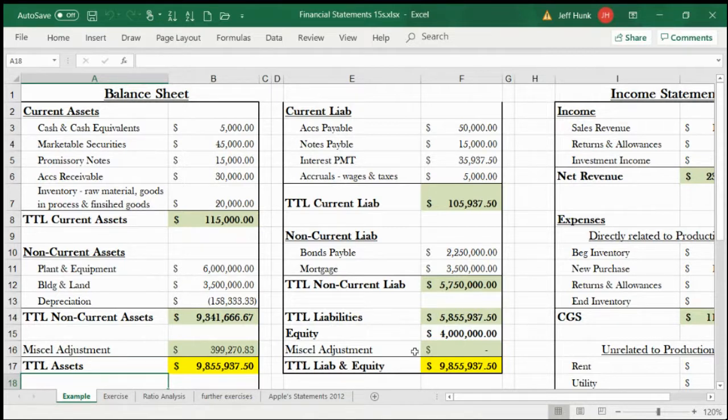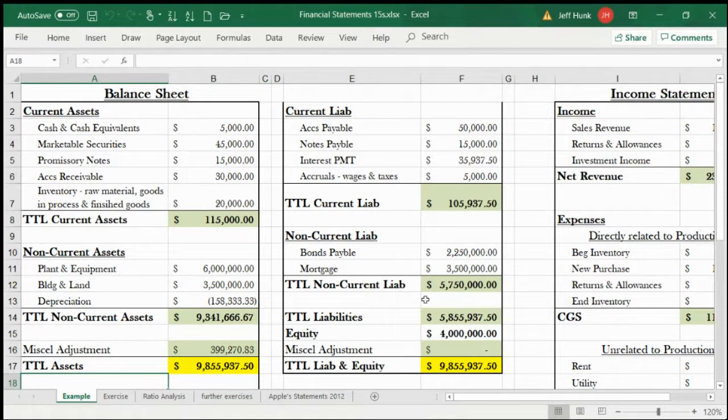So in this example, out of this 9.85 million, $4 million came from the shareholders, right? And the rest, 5.75 million, came from the long-term debt holders or creditors or bond holders, right? Lenders, in other words. They all mean the same thing.